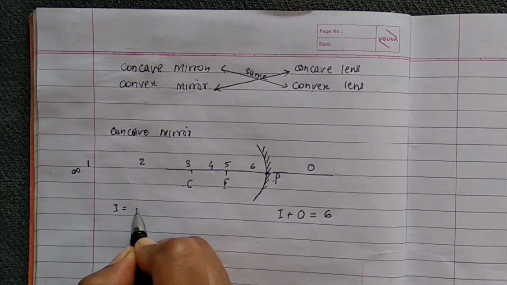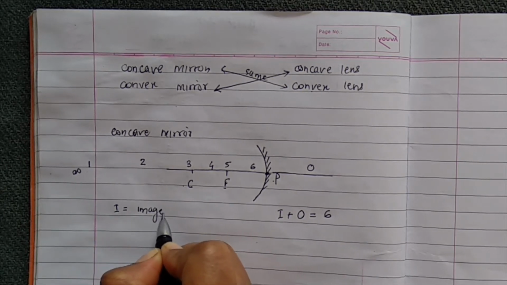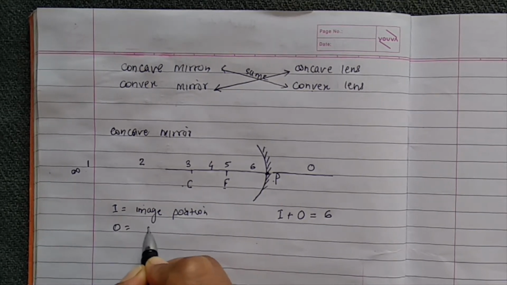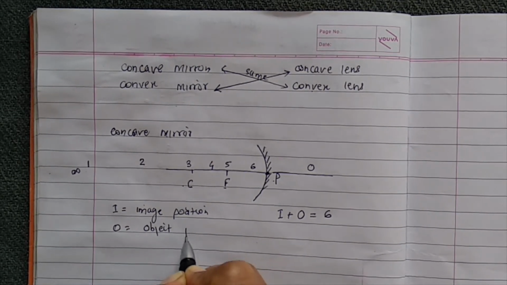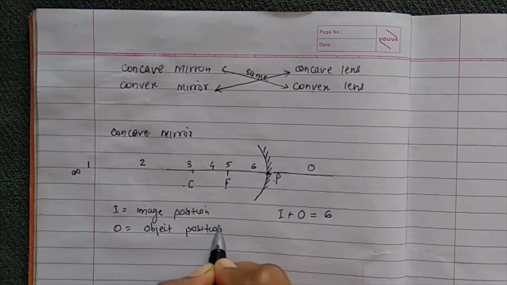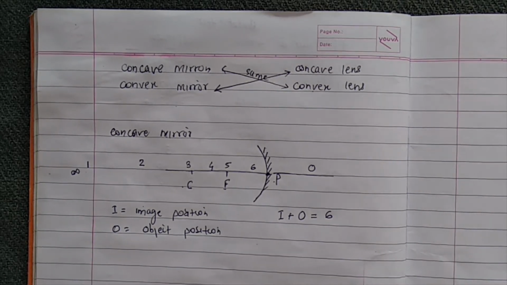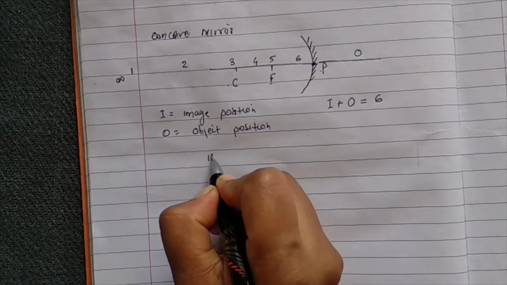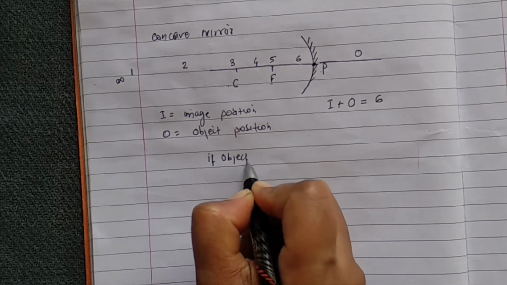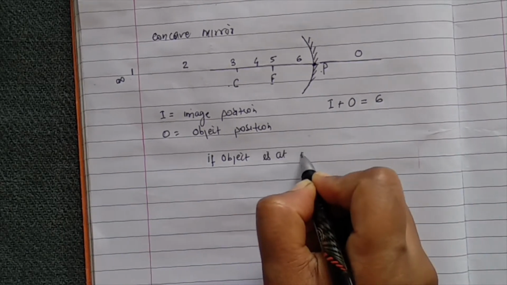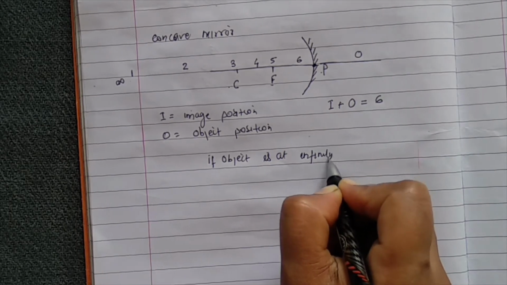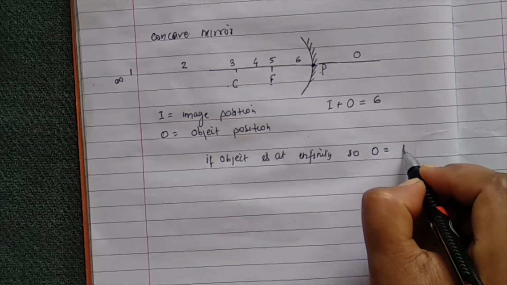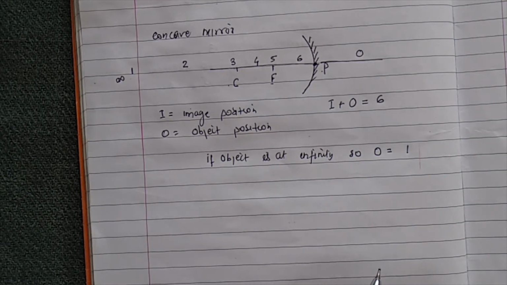So the numbering is very easy, and one simple rule is I plus O equals 6, where I is the image position and O is the object position. So how will it go? Just see. If the object is at infinity, so O will be number 1, because the object is at infinity.